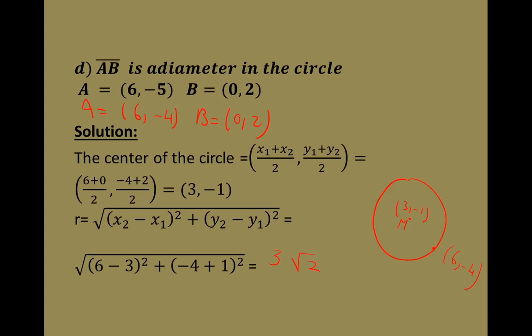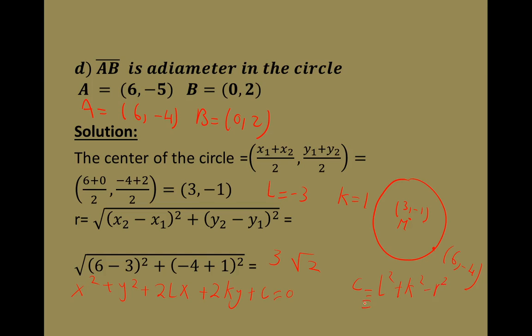Then if the center of the circle is 3 and negative 1, then L equals negative 3, also K equals positive 1. I write the general form, x squared plus y squared plus 2lx plus 2ky plus c equals 0. C equals L power 2 plus k power 2 minus r power 2.